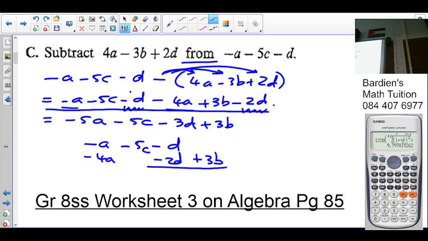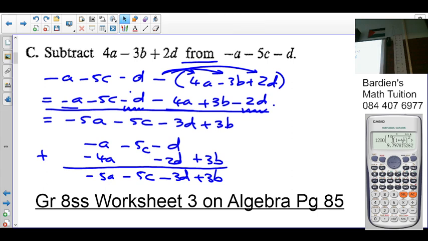Like terms? And you added, no problem. So that's -5a minus 5c minus 3d plus 3b. Who copied that? Got the same thing? Nobody? Okay, nice.